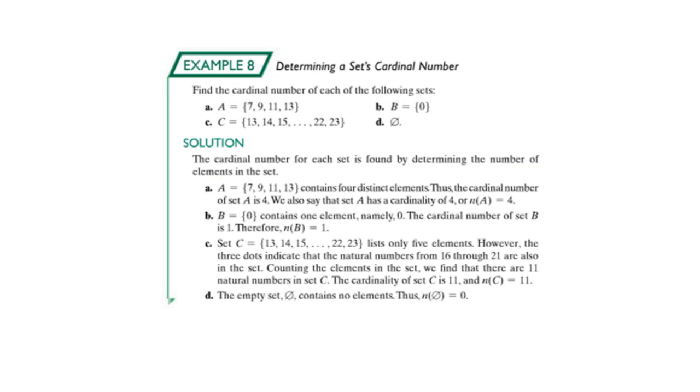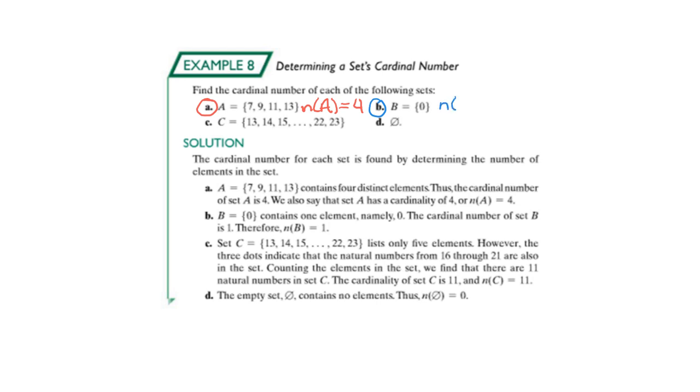For example 8, it is asking us to determine the set's cardinal number. For part A, set A has the elements 7, 9, 11, 13. So I would say the cardinality of set A is 4. There are 4 elements contained in set A. If I take a look at set B here, B is equal to the set that contains 0.